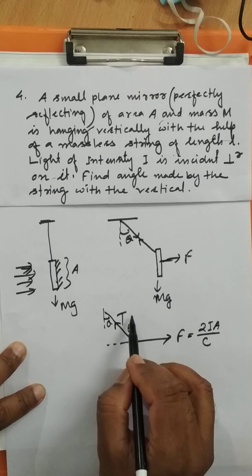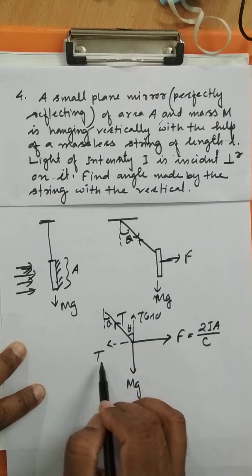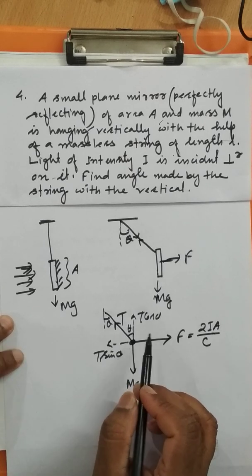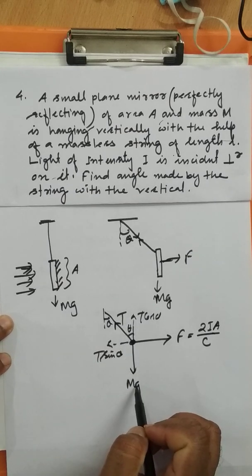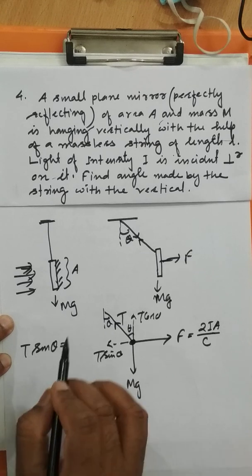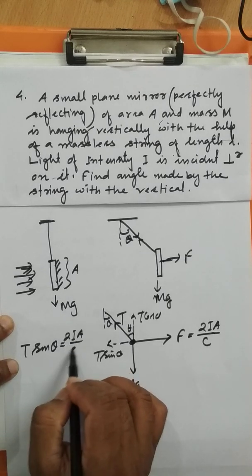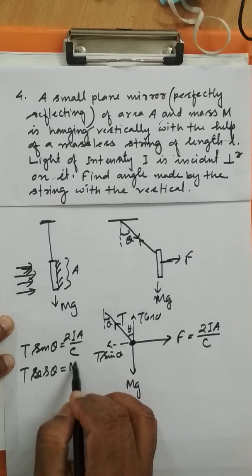So this T we can resolve into two components, T cos theta along this direction, T sin theta. Now since this is in equilibrium, net force will have to be 0, so this component should be balanced by F and this component should be balanced by mg. So we got T sin theta is equal to F, that is twice IA by c, and T cos theta is equal to mg.